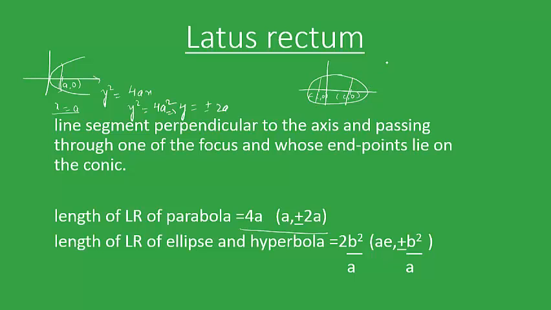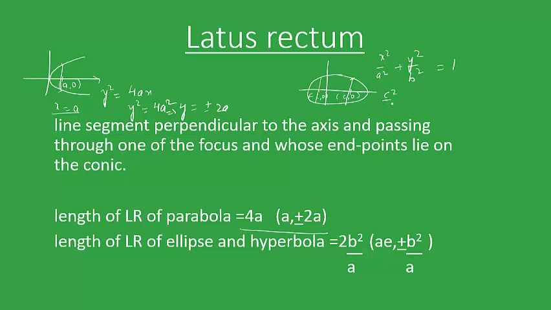Now following the same technique, to locate the point at which it strikes the curve, we'll put the x coordinate of the latus rectum equal to c. Let's first write down the general equation of the ellipse of this type: x square by a square plus y square by b square equals 1, and put x equals c.